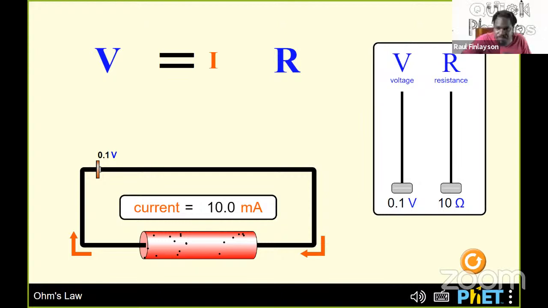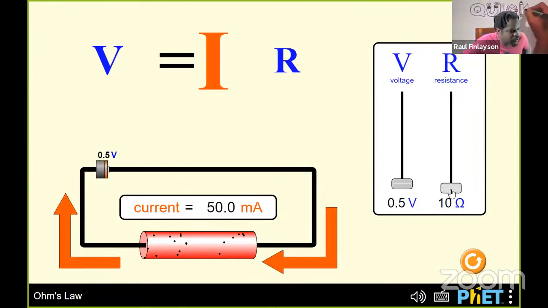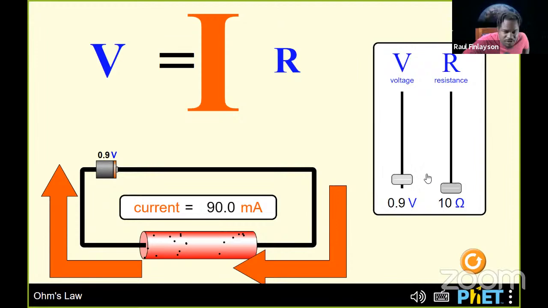So for those of you who want to do the lab here, you're just going to use the app and use different voltage values, keep the resistance constant, and record the values of current and voltage in the table.